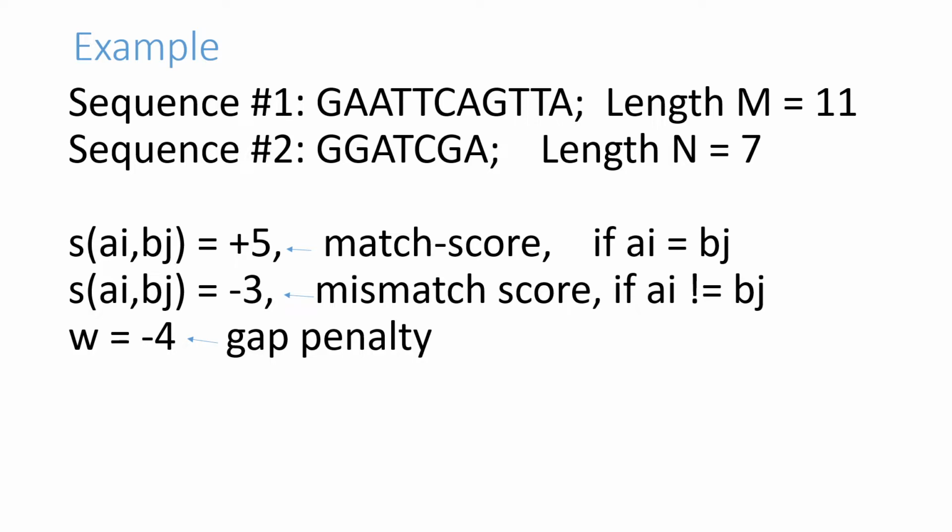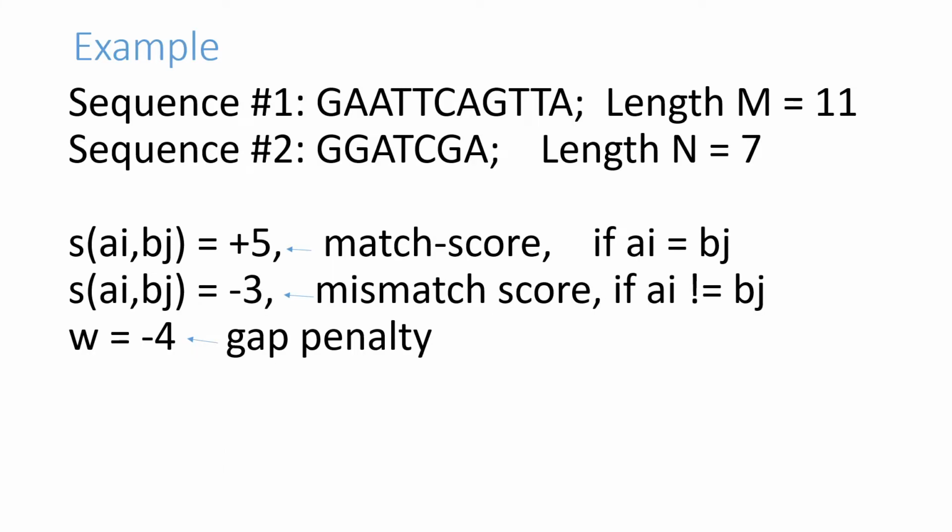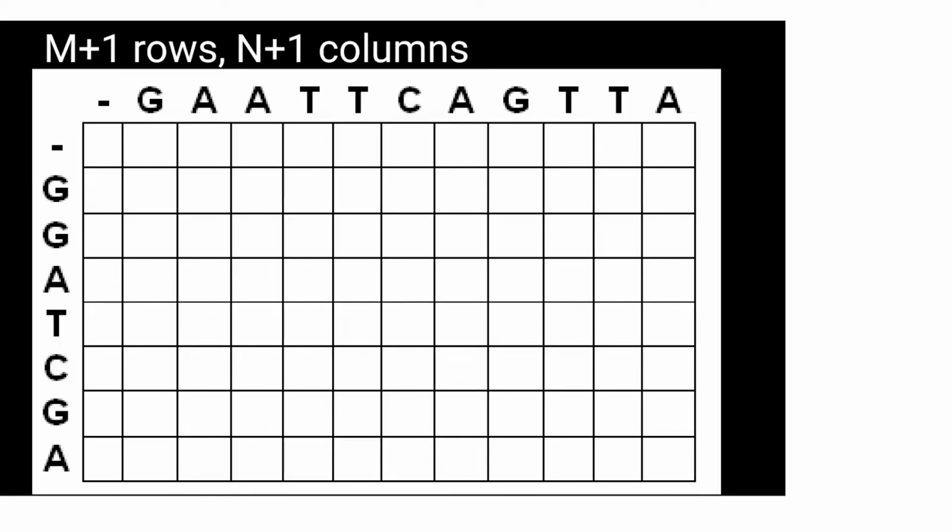So we take a numerical example in which I set the match score to +5, mismatch score to -3 and gap penalty to -4. And please mind that these scores need not be the same. You can give different scores. So I arrange the nucleotide sequences in rows and columns, and a matrix is set.